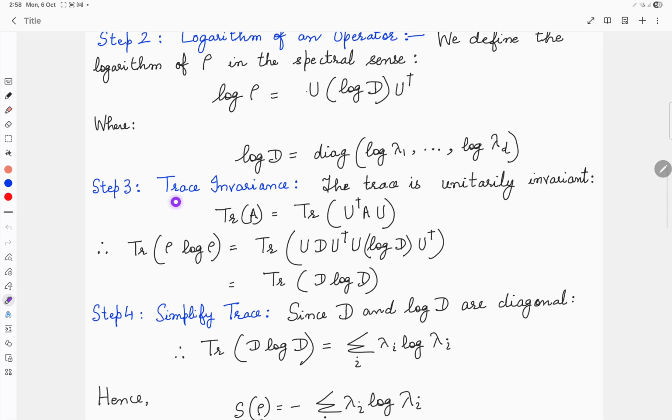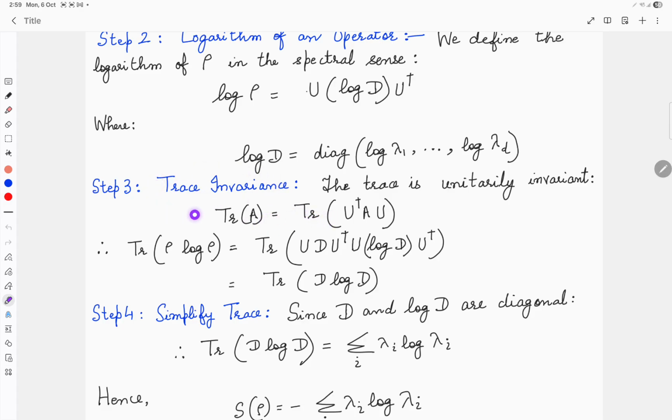Now the third step is the trace invariance. The trace is unitarily invariant. What do I mean by this? The trace of an operator A will be equal to the trace of U† A U. When we calculate the trace, it will be equal in both cases.